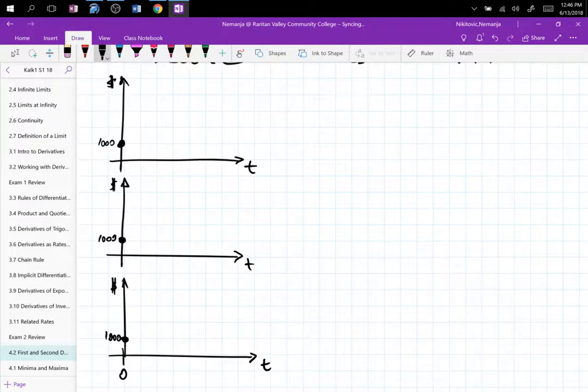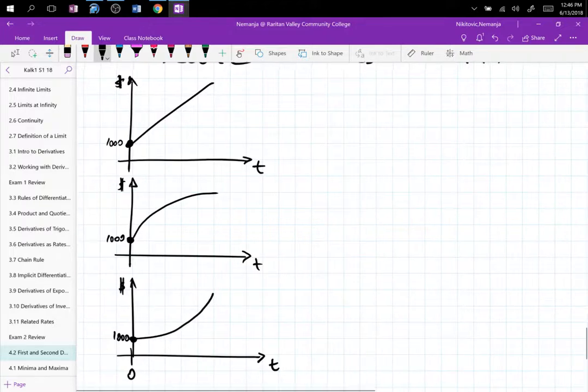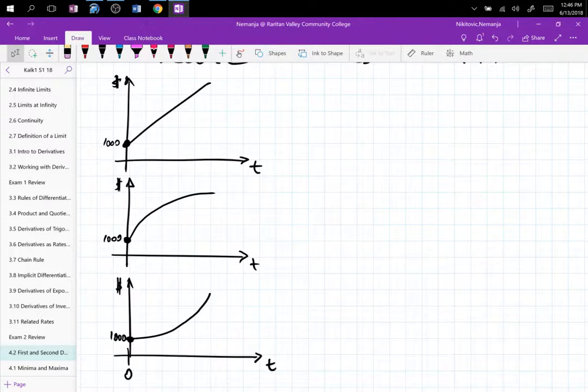Now here are the 3 graphs. Where do you want your money? 1, 2, or 3?